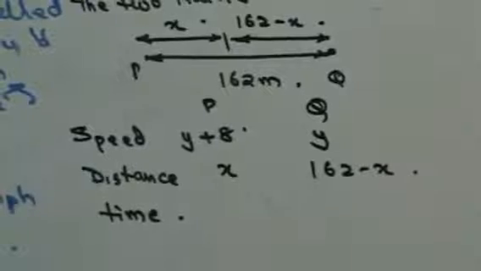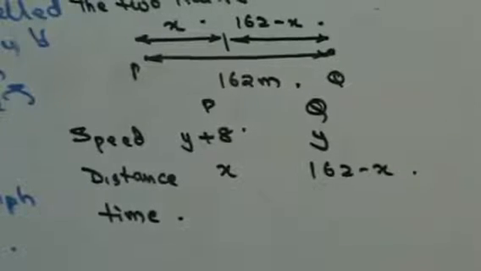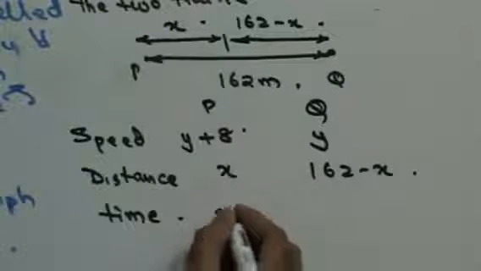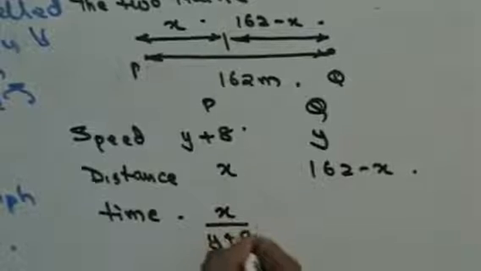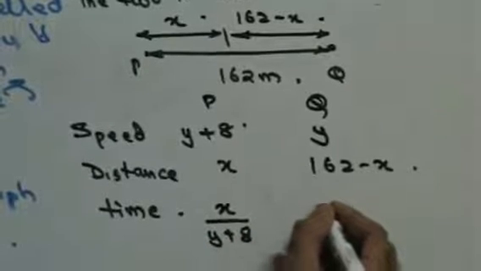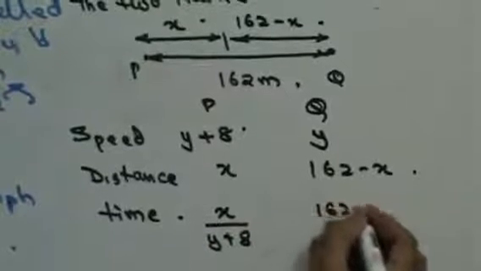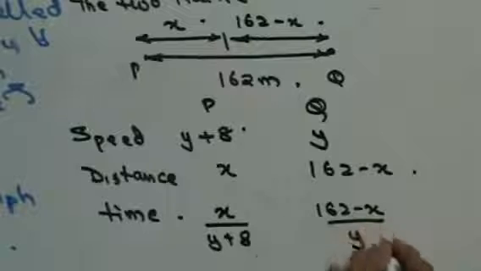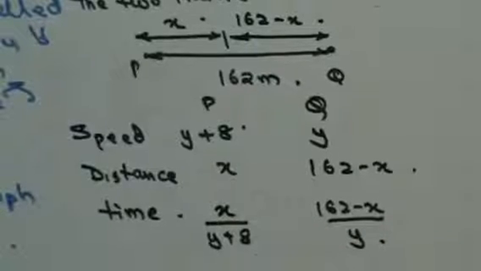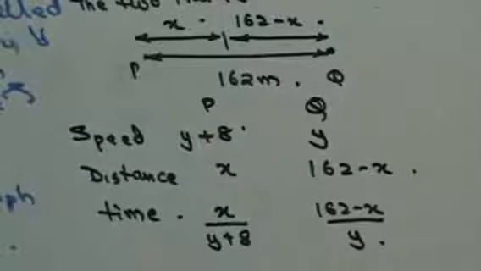Time we know is nothing but distance upon speed. So this is going to be x upon y plus 8. And this is going to be nothing but 162 minus x upon y. Right? Now they are saying that the two trains meet after 6 hours, right?